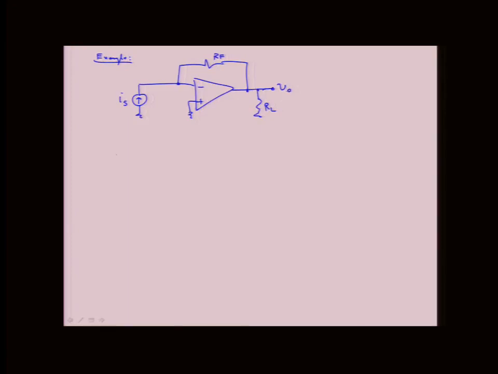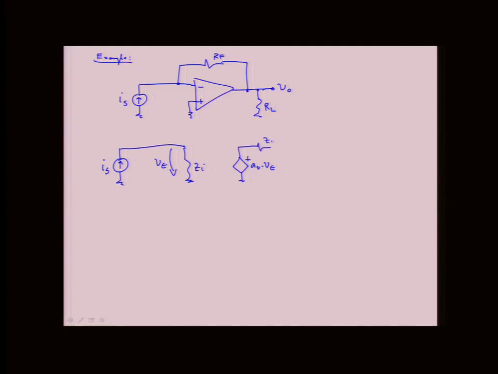And so we can write its small signal model. IS. We're going to have some ZI, which is the input impedance. And then we're going to have some voltage gain times V error, because the input is at minus, so V error is defined this way.